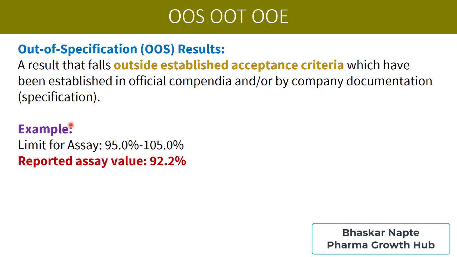The limit for assay is 95 to 105%, and this is a drug product, right? For drug product, this kind of limits are very much accepted, and the reported assay value is 92.20%. So I was speaking about the paracetamol drug substance example before that, and this is another example for your understanding.